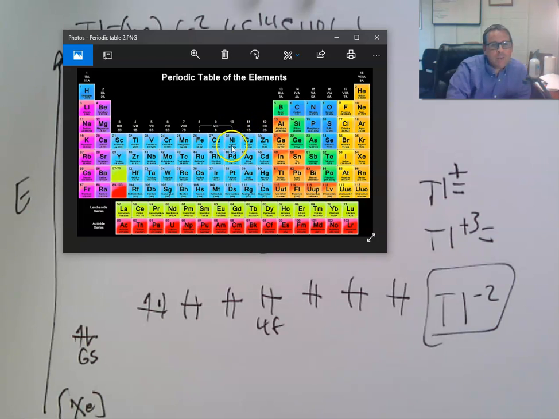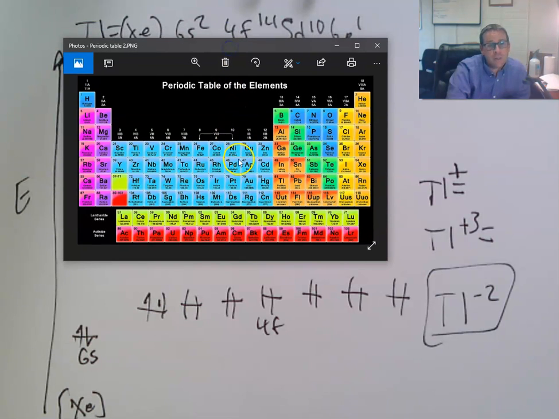If I asked how many valence electrons for nickel, I think that's a reasonable question, and we need to be able to answer that really quickly, right? We could write out the electron configuration and think about it a little bit deeper, but because of its location on the periodic table and because of our experience, I think we should be able to know that all of these atoms in here have the same number of valence electrons.